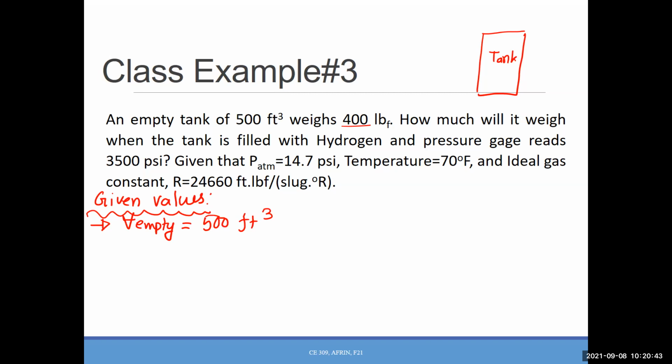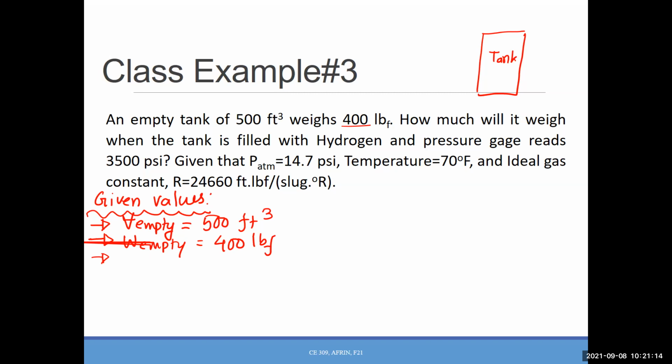From back, can you see my handwriting clearly? What else? Okay, so weight empty maybe 400 pounds. What else? What else do we know?